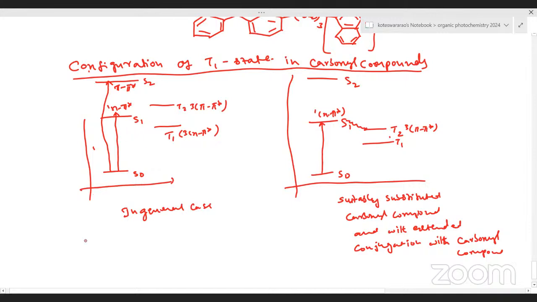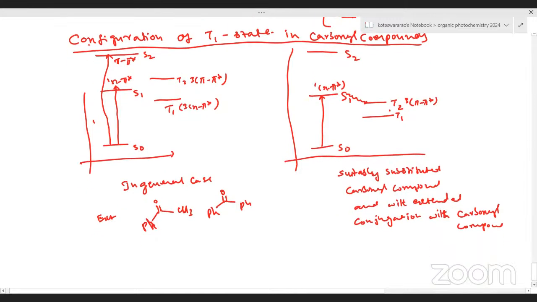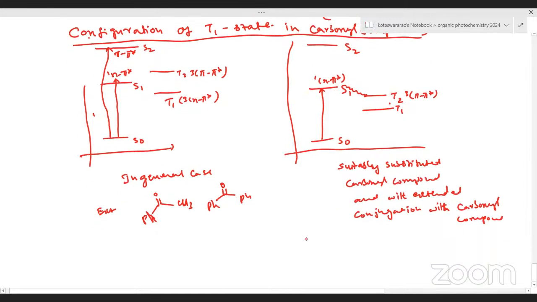For example, for this case, benzophenone or acetophenone. This is acetophenone and benzophenone. We have several examples: Michler's ketone, the para dimethylamino C6H4 and C6H4 biphenyl derivative.